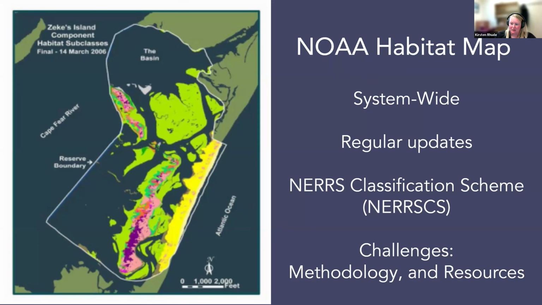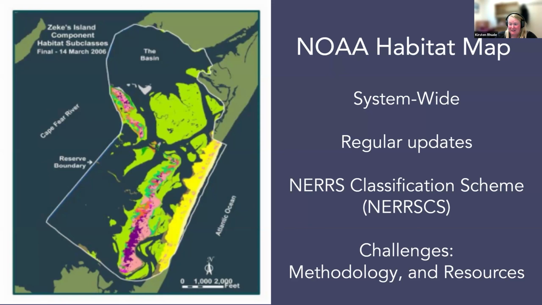There are SOPs or standard operating procedures, but those kind of dictate what the end result or map should look like and not the methodology that you need to use to get there, which provides a lot of flexibility, but also it leaves you with kind of a blank slate to start from.